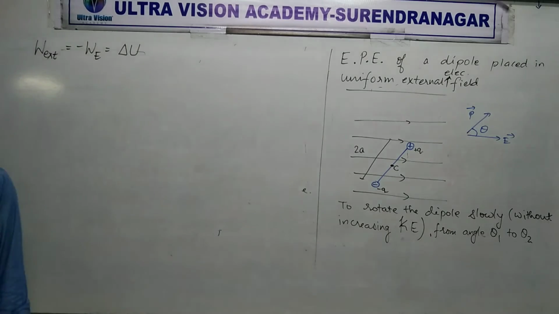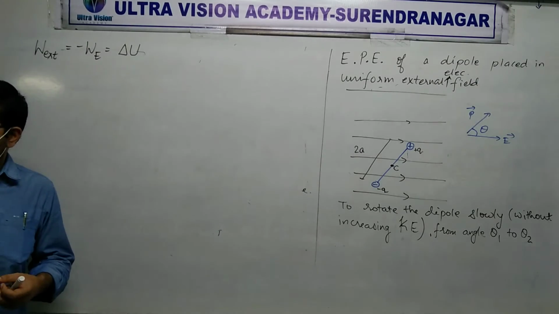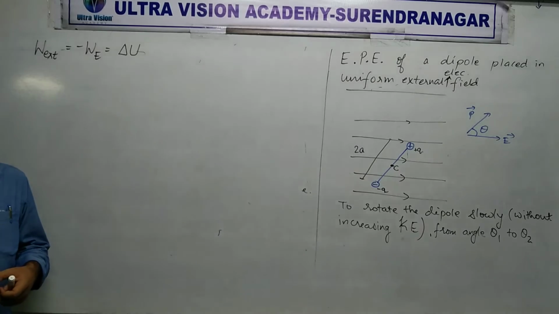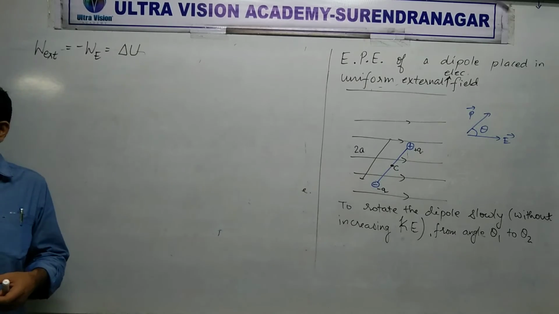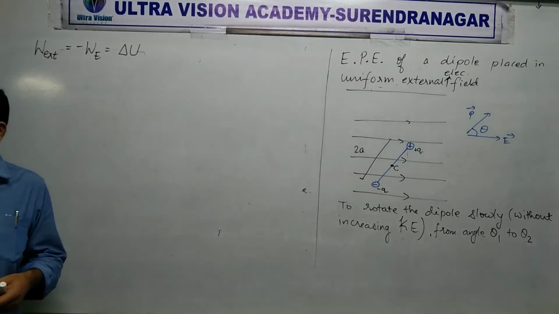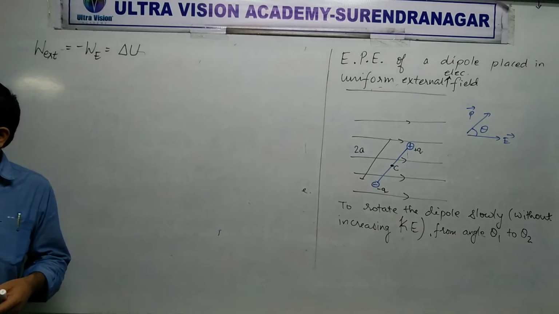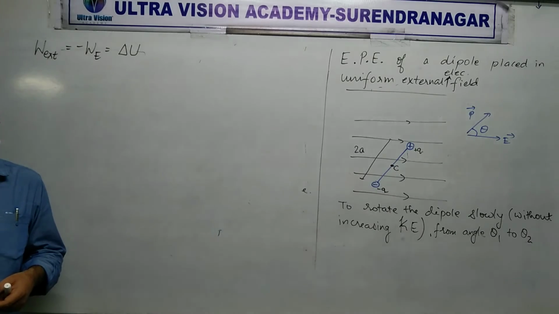In the drawn position in the diagram, the electric field will try to rotate it in which manner? Clockwise. And we want to rotate it slowly, so definitely we can only rotate it in the opposite direction.